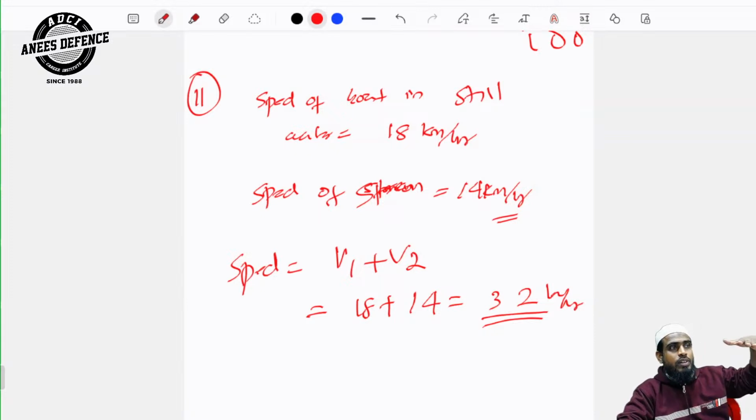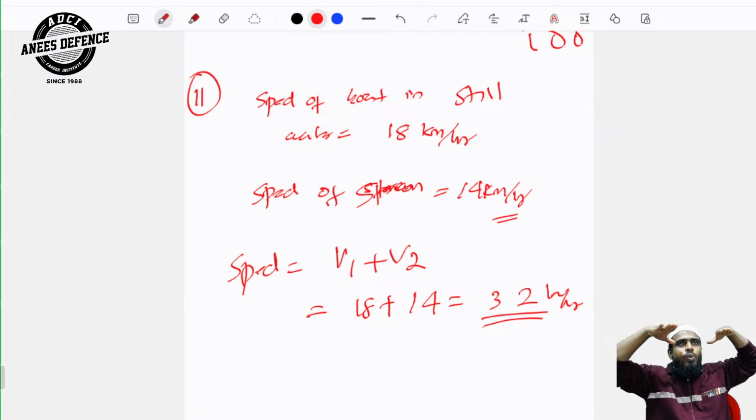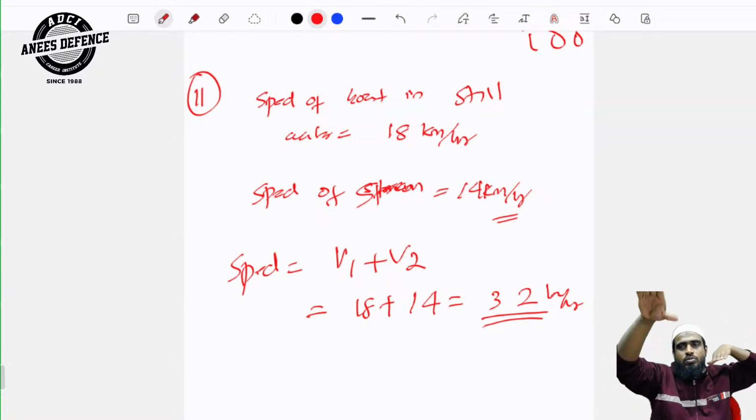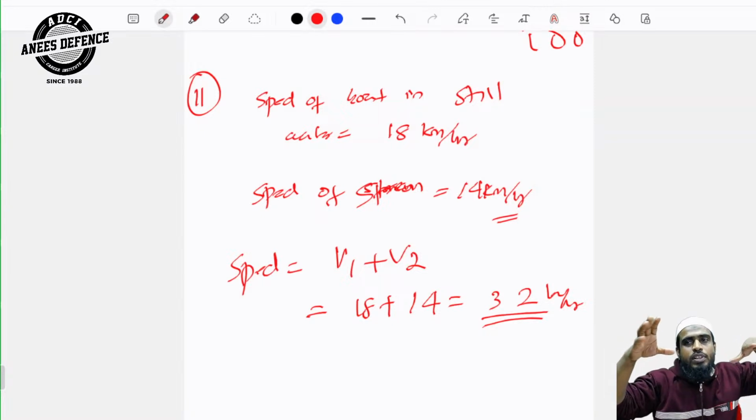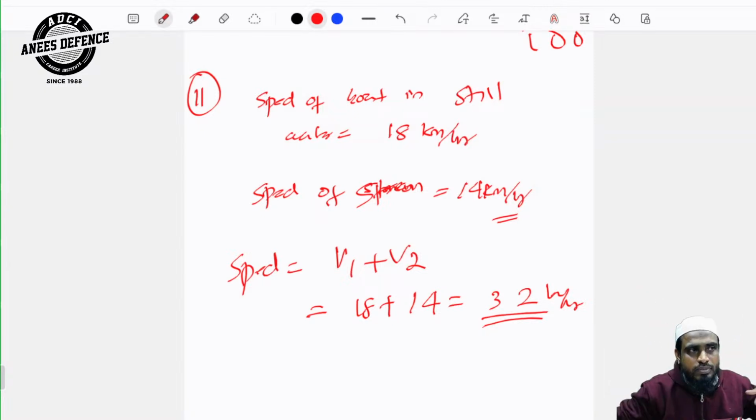Here we have to consider the movement of the boat in water. Here actually the river flow is helping the boat to move. So one extra help is given by the water. Therefore, it can move a little faster.